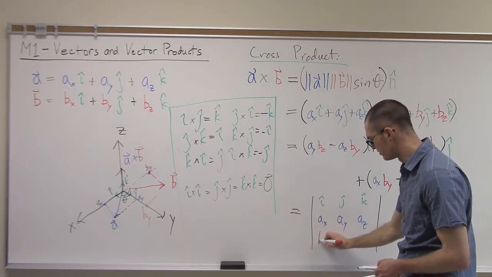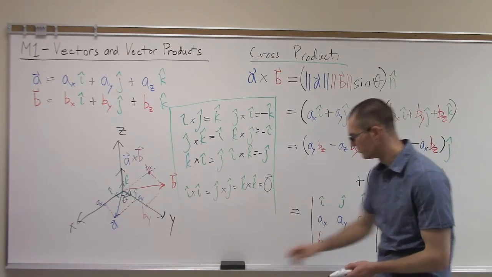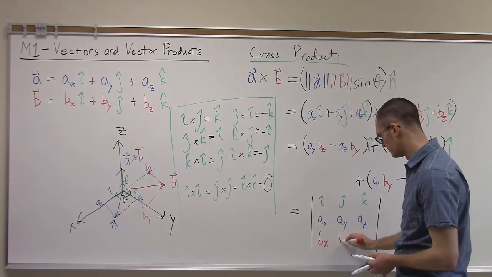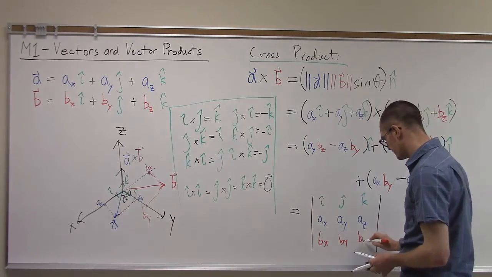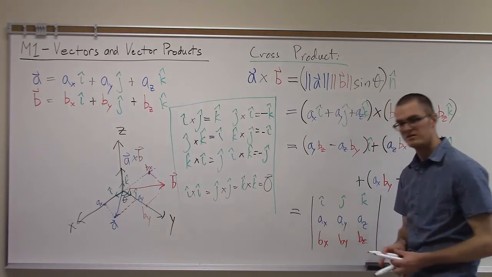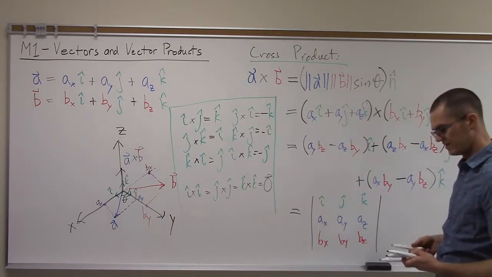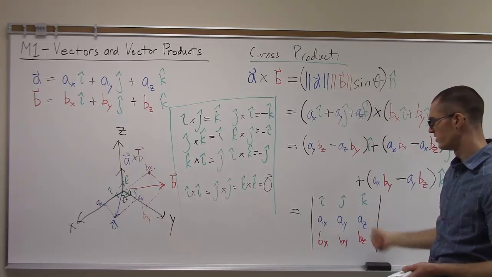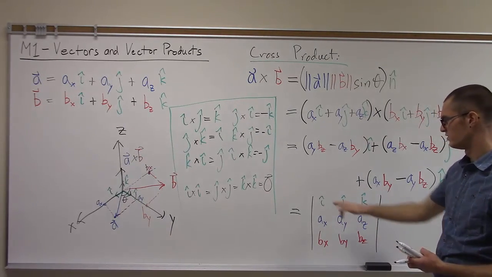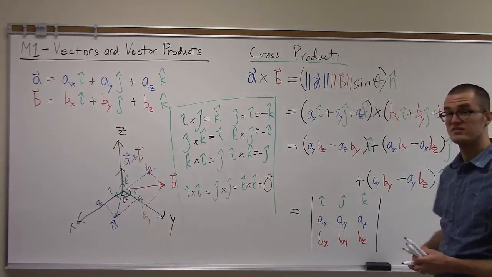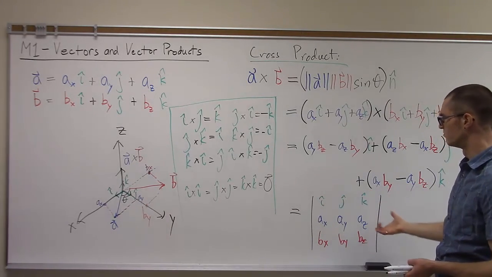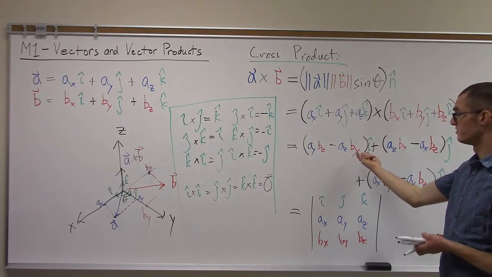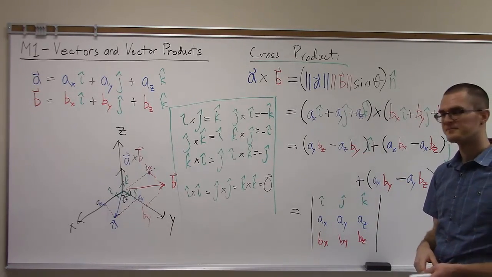And in the third row, the components of b: bx, by, and bz. For me at least, this is the easiest way to remember it. If you're familiar with how a determinant works, you just expand the determinant across the top row. You can prove it yourself by expanding this determinant that it results in this expression here.